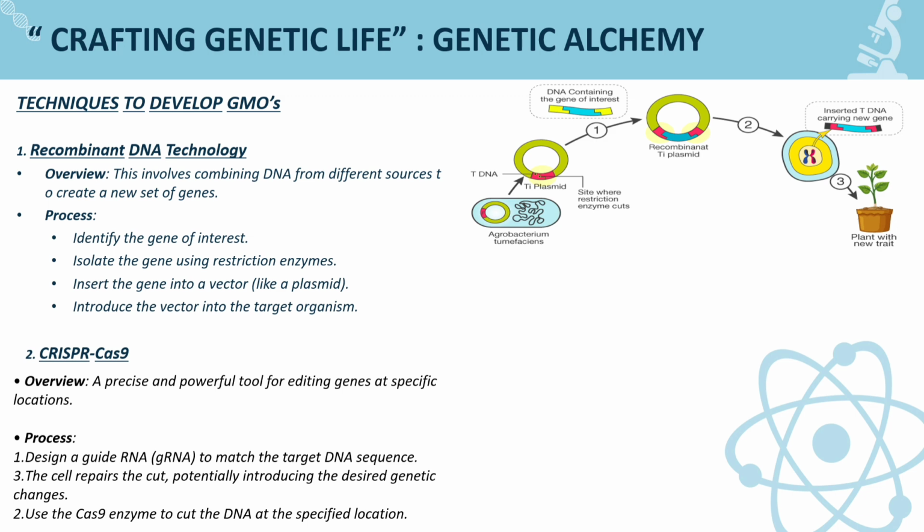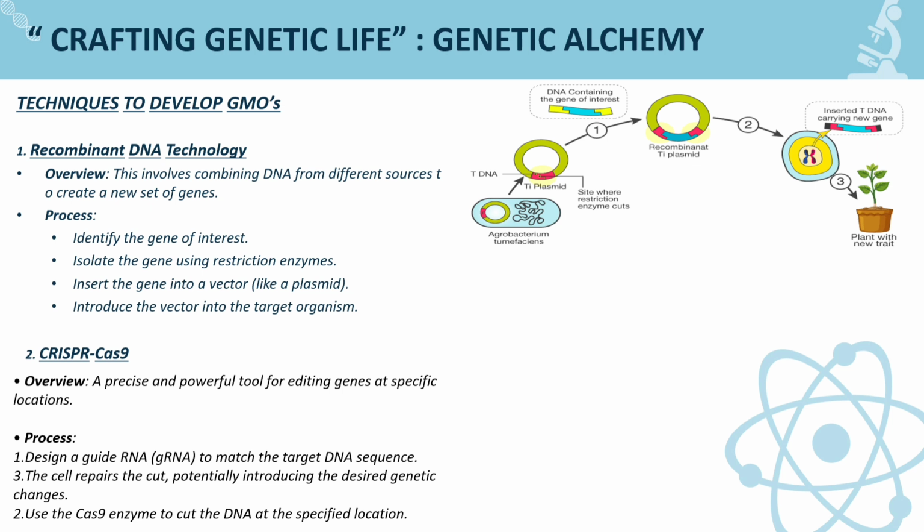In that case, the vector will be a plasmid, and you will insert the gene of interest into that plasmid, and then you will insert the plasmid containing the target gene into the host cell or the target organism. So that's how recombinant DNA technology works in the development of genetically modified organisms.